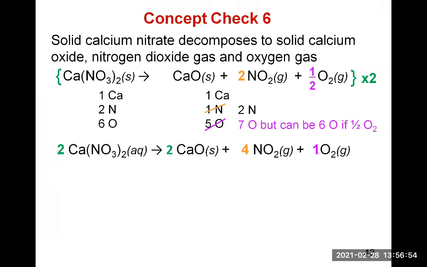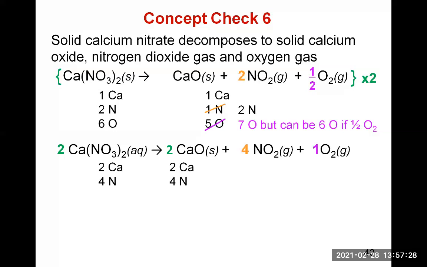So let's make sure it is balanced. So on the left, we have 2 calcium. On the right, 2 calcium. On the left again, we have how many nitrogen? So 2 nitrates, that's 2 nitrogen times 2 Ca(NO3)2, so that's going to be 2 times 2, 4 nitrogens on the left. And on the right, we have 4 NO2, so that's 4 nitrogen.